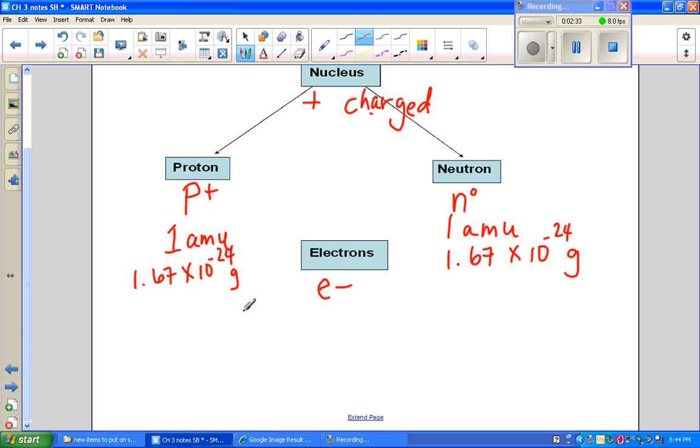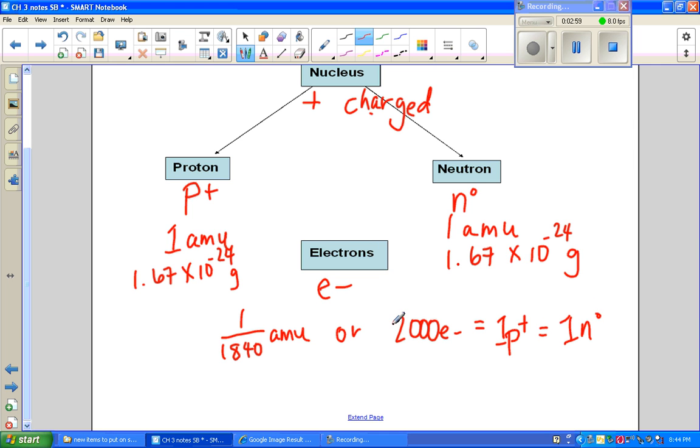Well, the mass of an electron is 1 over 1,840 AMUs. Wow, this is crazy. Or we kind of round that up: about 2,000 electrons is equal to one proton, which is also equal to one neutron.